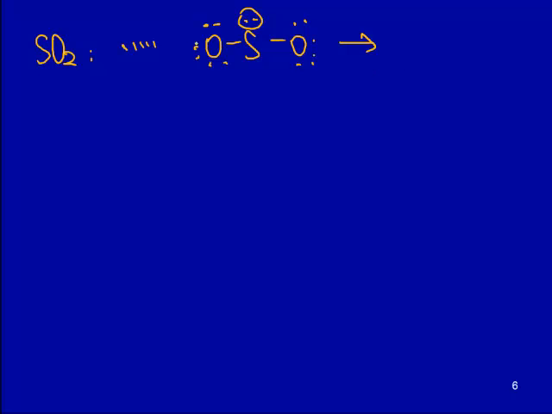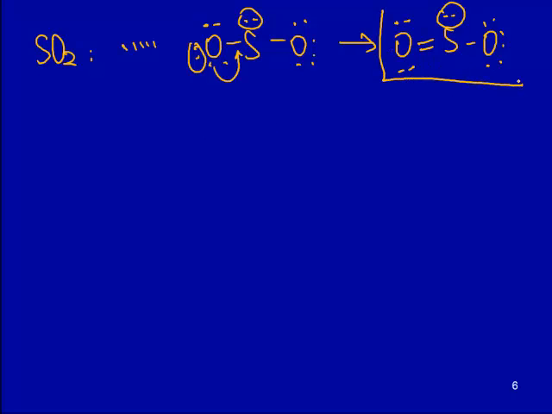And you move one of these to form a double bond, and you will have the other way. So this is one of the Lewis structures, and by moving the valence electrons around, you can actually have more.